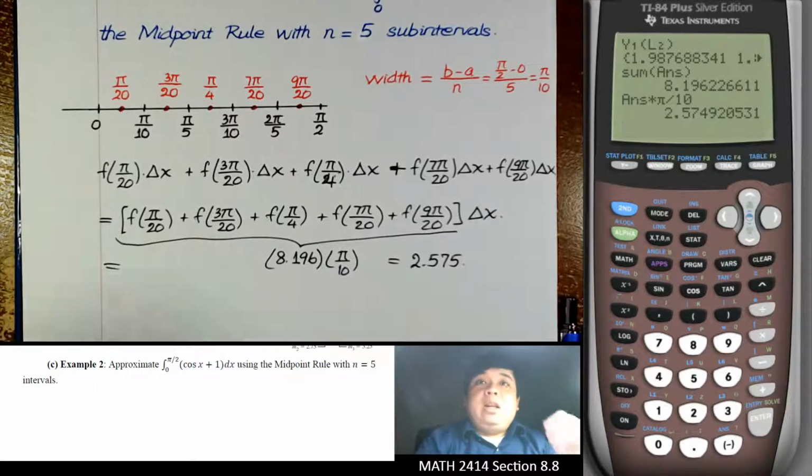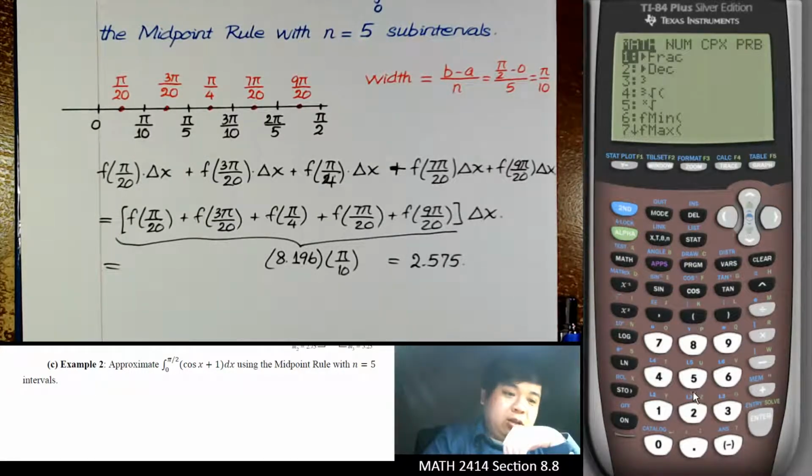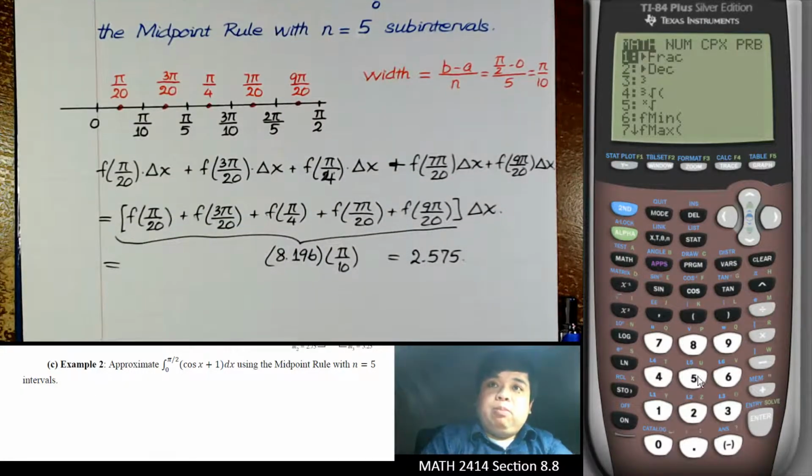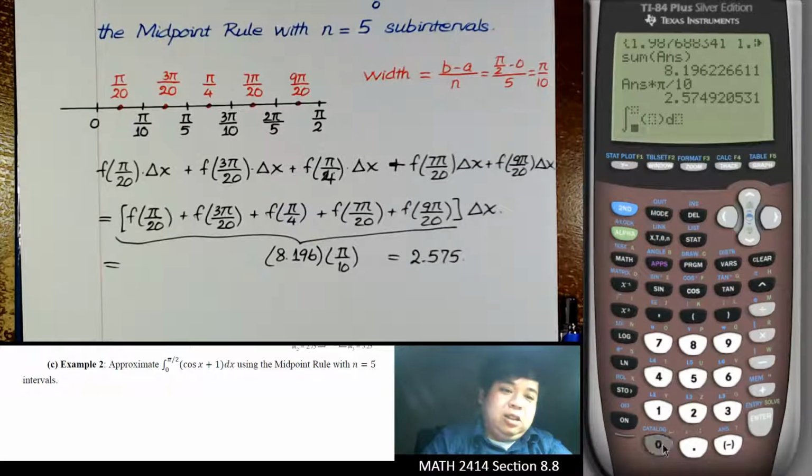Right. Now let's see if we calculate this directly. Integral 0.5 over 2, cosine of x. Or we don't even need to enter the function. Remember, we already did.